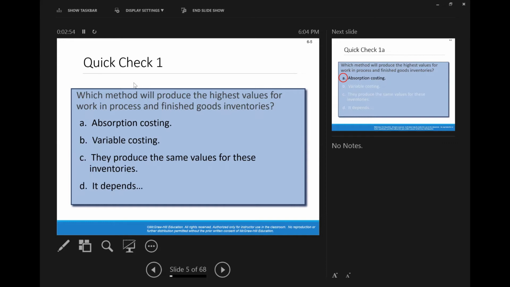So since it's staying in the wherever it's at, work in process or finished goods, that will make that absorption cost a little higher in those accounts because we're not pulling the whole thing out into cost of goods sold. So we'll walk through so you understand what that means.